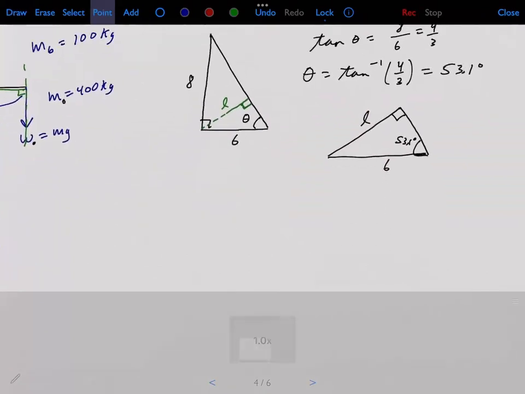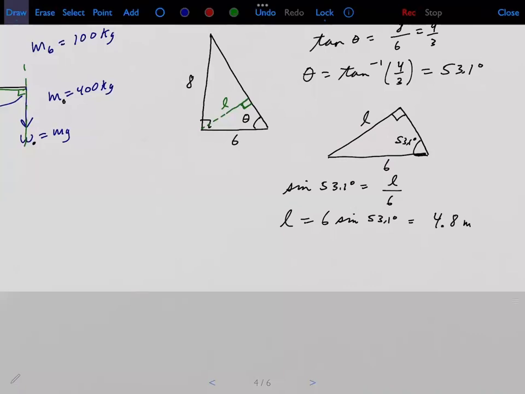So we know that sine of 53.1 degrees is equal to L over 6. So L is going to be 6 times the sine of 53.1 degrees. That's going to equal 4.8 meters. Right, so that's the moment arm for the tension.